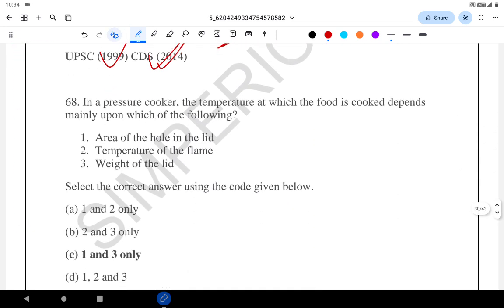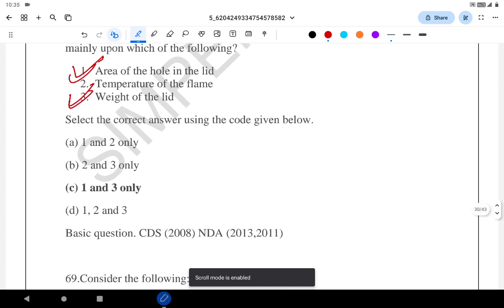In the pressure cooker, the temperature at which food is cooked depends mainly upon which one of the following? Area of hole in the lid, weight of the lid. So I'll explain this concept of pressure cookers.